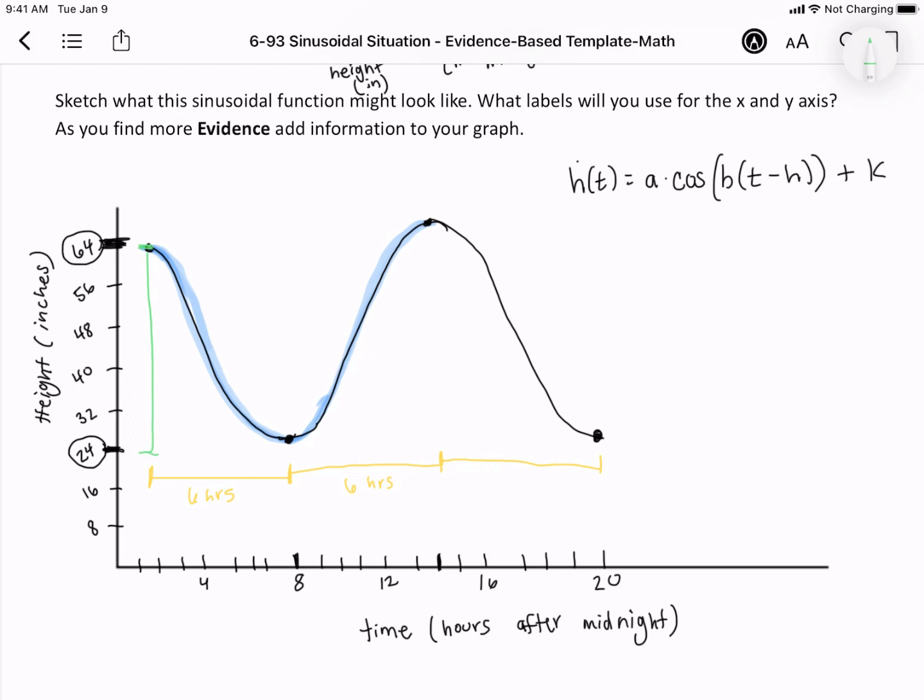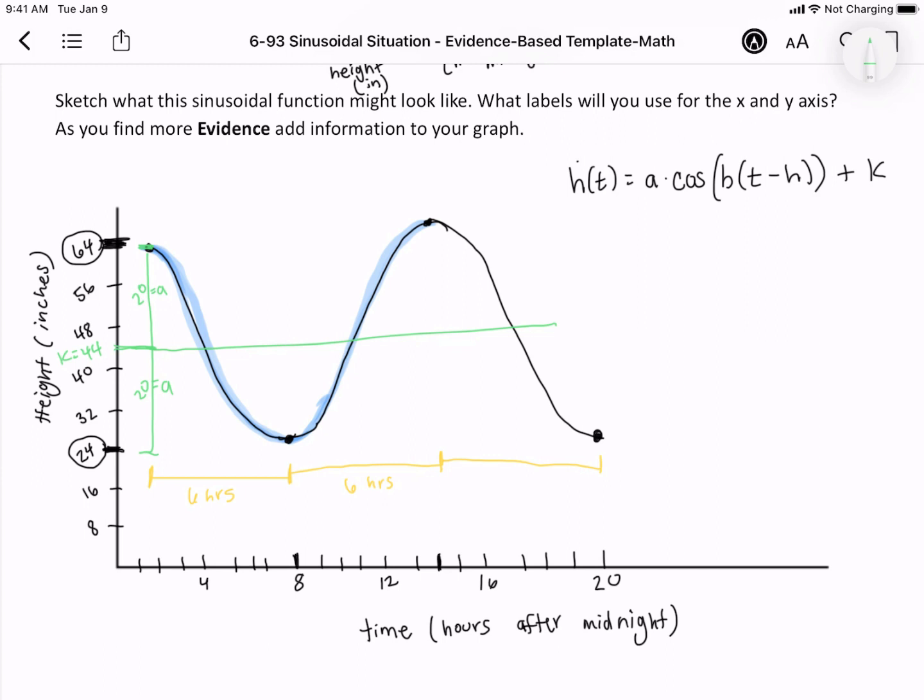If we know that total length is 40, then if we divide it in half, that's 20 and 20, which coincidentally is my amplitude. So the amplitude is 20, and that means that the line that's in the middle is at 24 plus 20 is 44. So the K is 44.